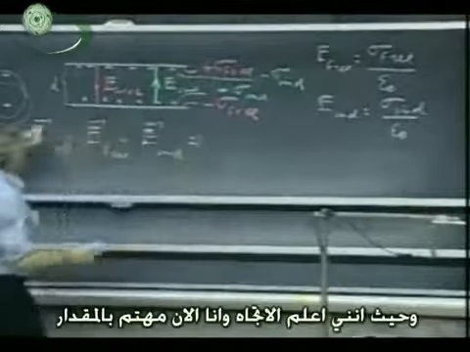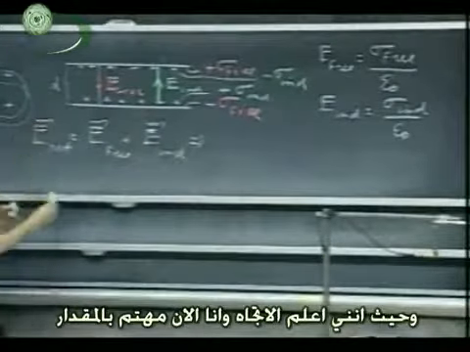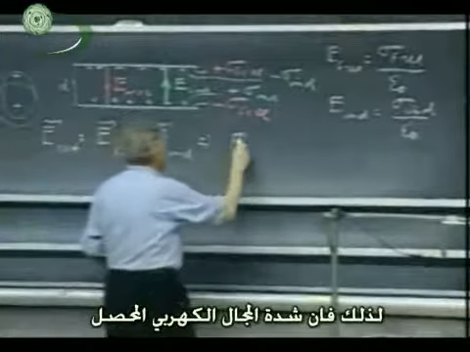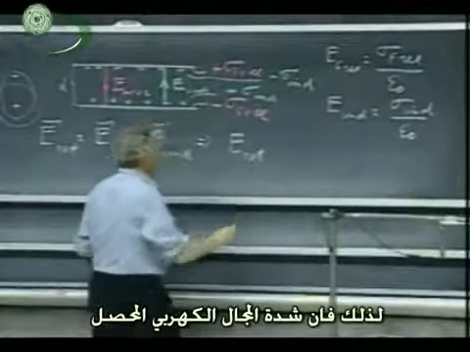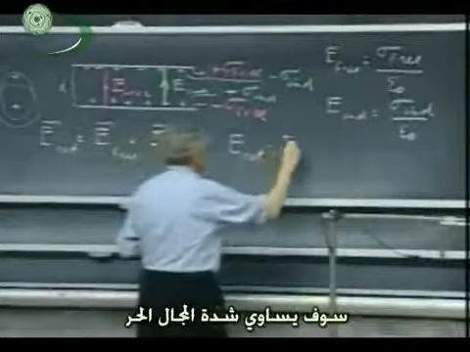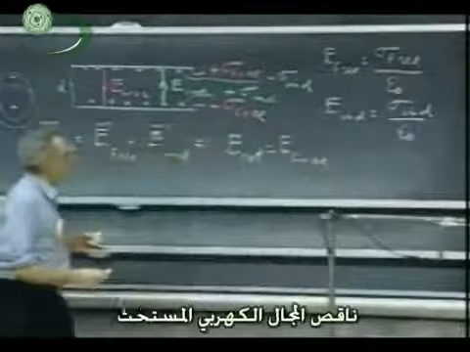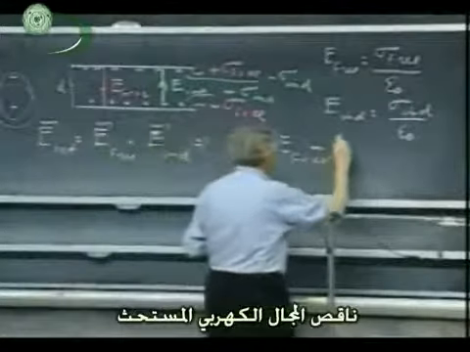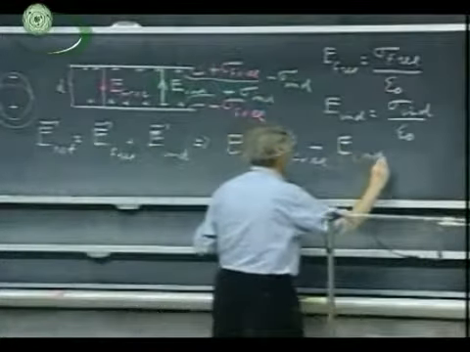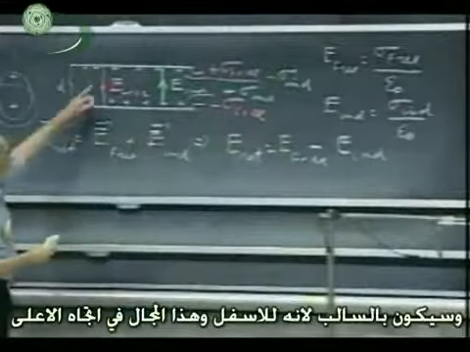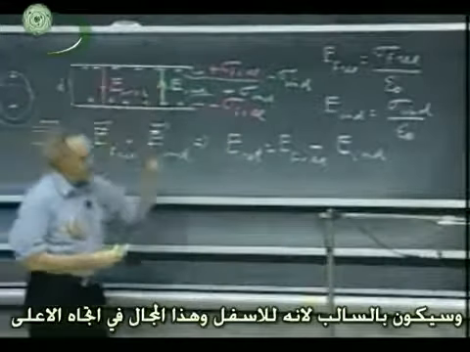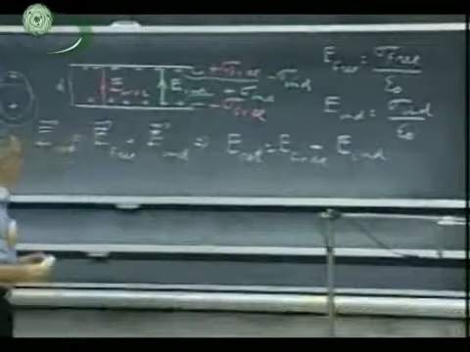Since I know the direction already, and I'm interested in magnitudes, the strength of the net E field is going to be the strength of the E field created by the so-called free charge minus the strength of the E field created by the induced charge. Minus, because this E vector is down and this one is in the up direction.